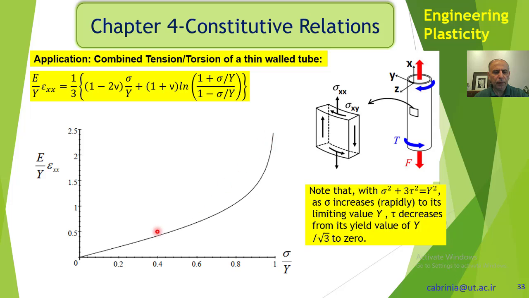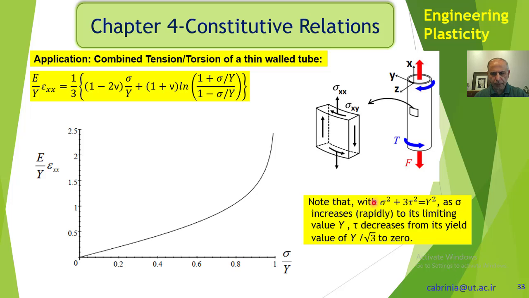That is the curve. As you can see here, it goes exponential, because once sigma reaches the yield stress, it goes up like that because it's a rigid plastic.